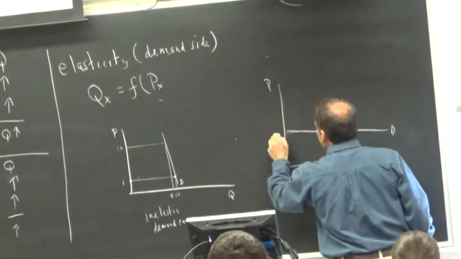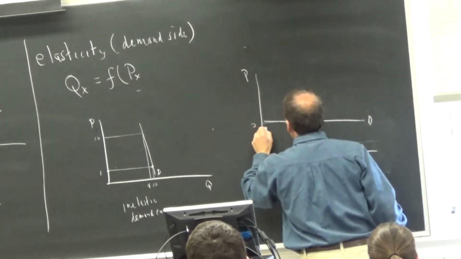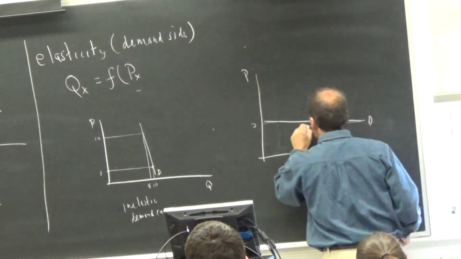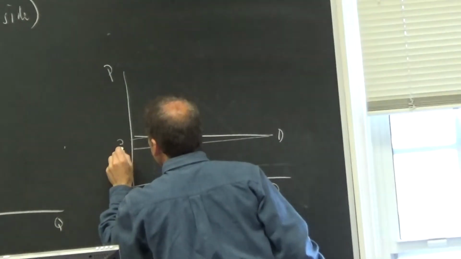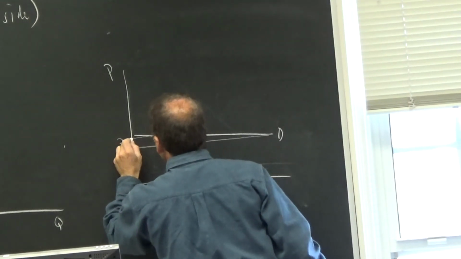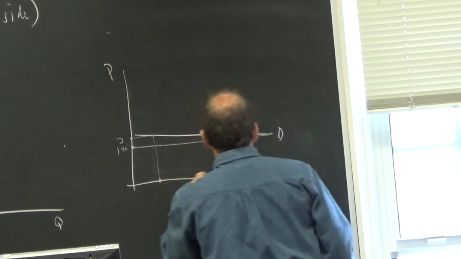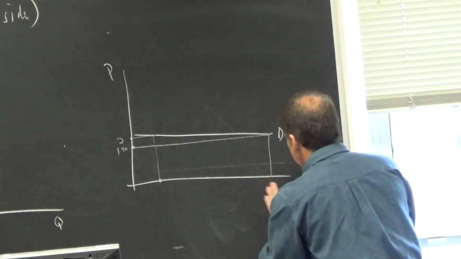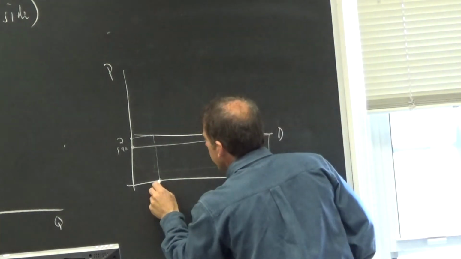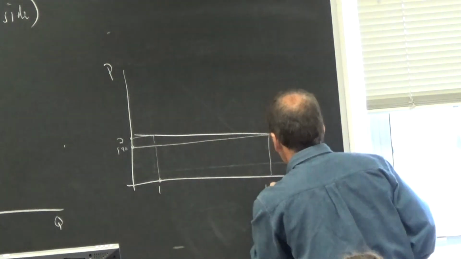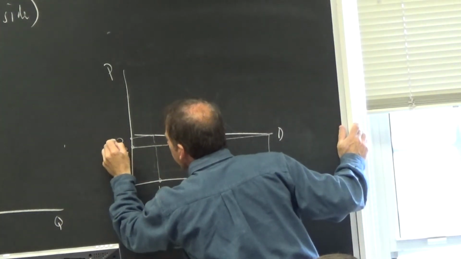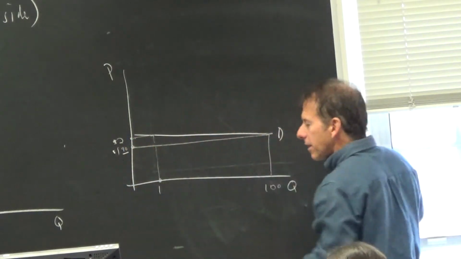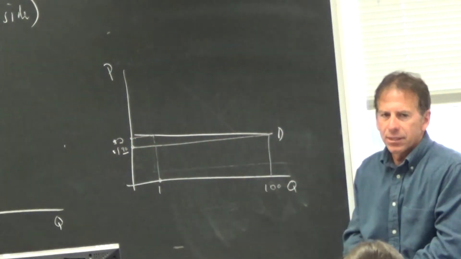So now we're going to change the price from, let's say, $1.90 to $2, and the quantity demanded changes by, let's say, it goes from 1 to 100. So now we have this little change in the price resulting in this huge change in the quantity.